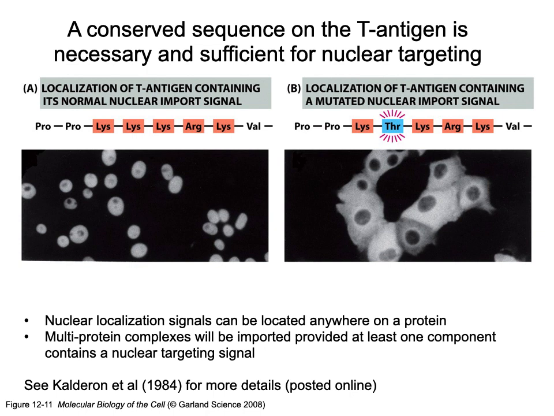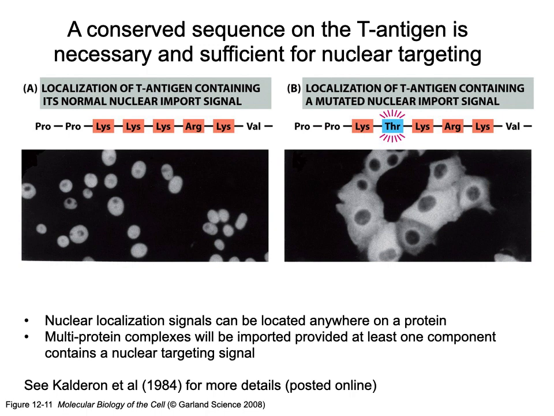There are conserved sequences that allow for nuclear targeting. In this figure, panel A shows the normal sequence found on this protein, and that allows it to go into the nucleus.